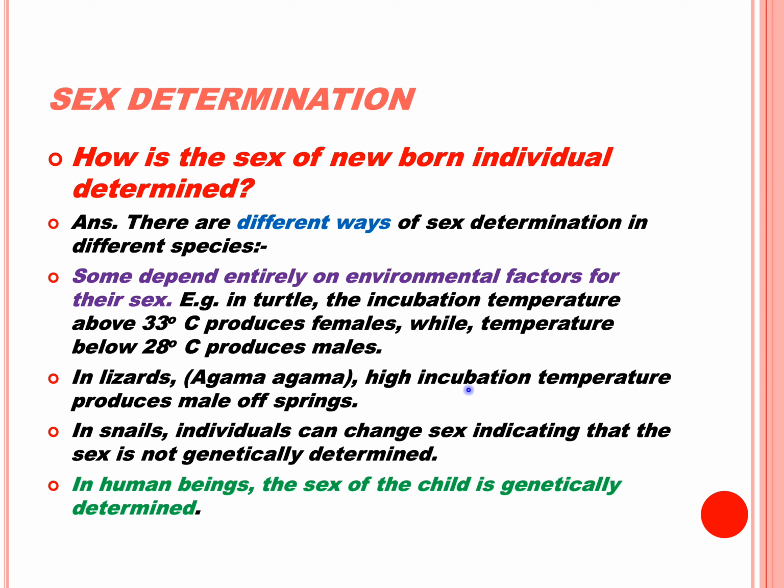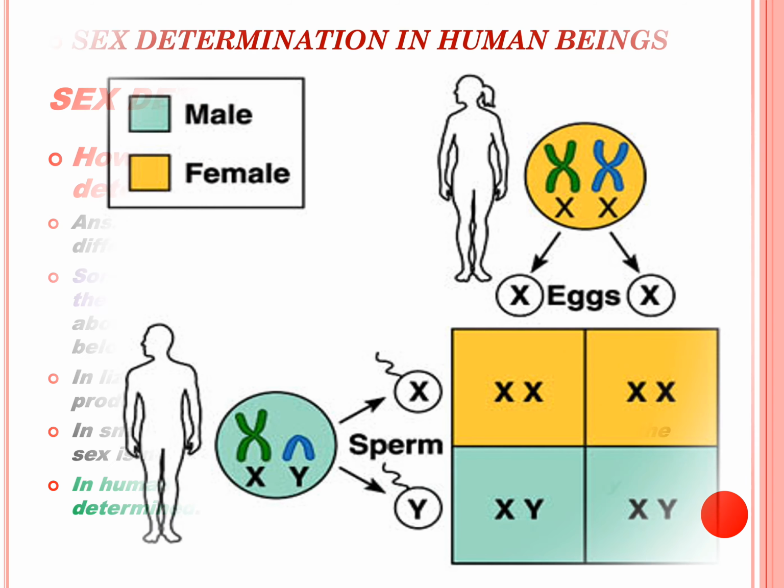The high incubation temperature produce male offsprings. In snails, even individual can change sex, indicating that the sex is not genetically determined. But in human beings, the sex of the child depends on the genes. So, the sex of the child is genetically determined.